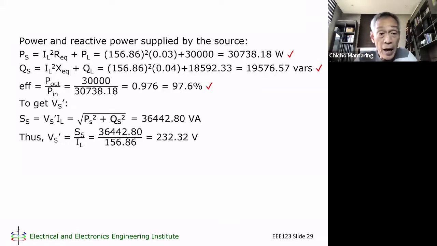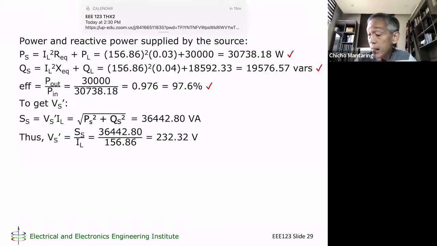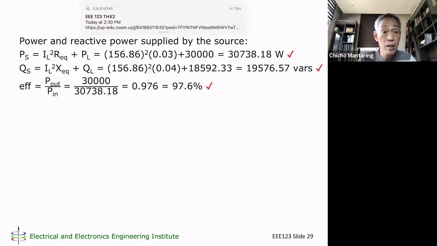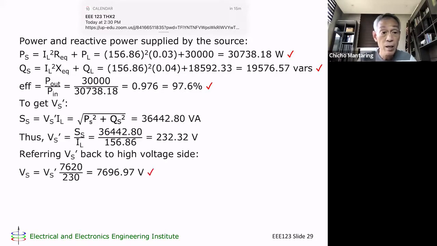Now to get VS prime, I just get S of S, which is the square root of P squared plus Q squared, and then I divide that by IS of L. So this is VS prime. But I have to refer that back now to the high voltage side because that was applied at the high voltage side.